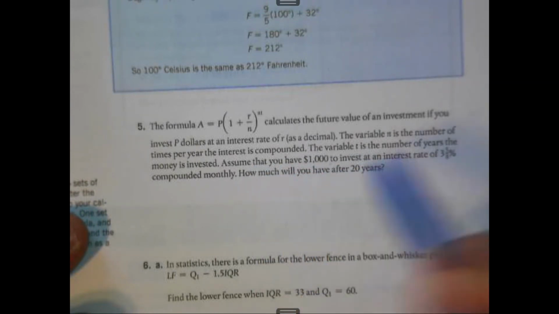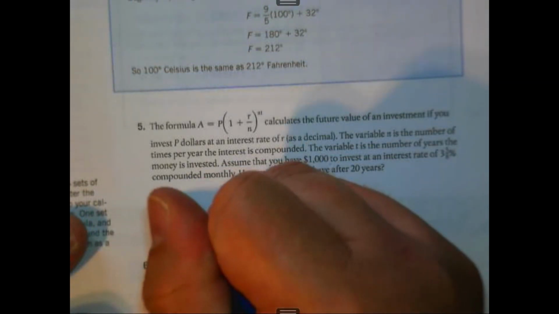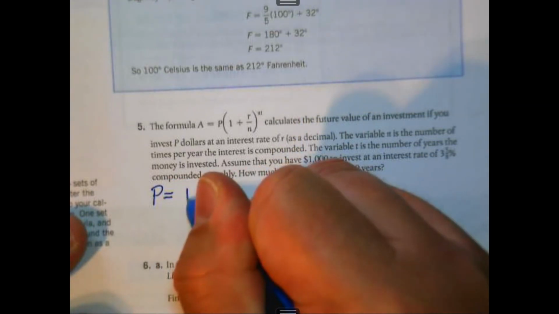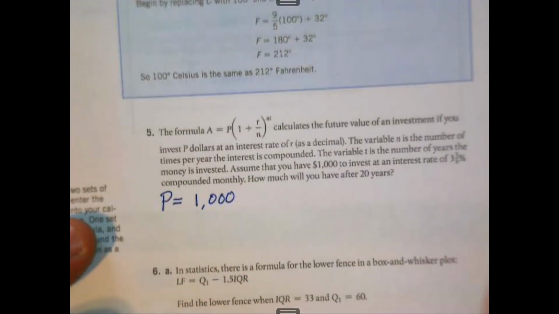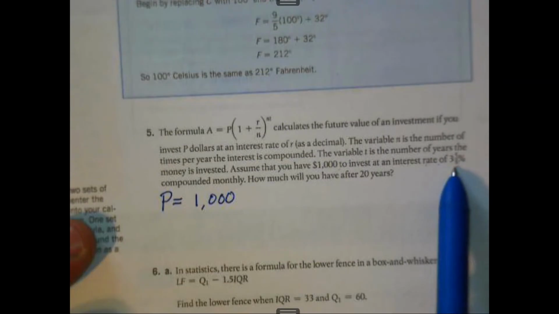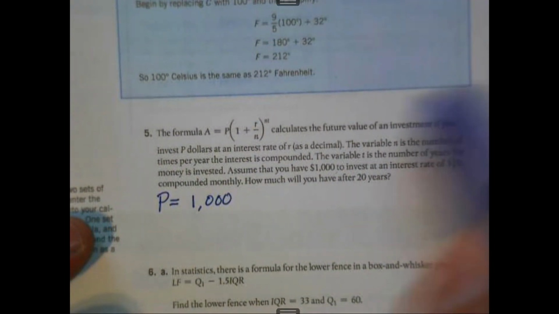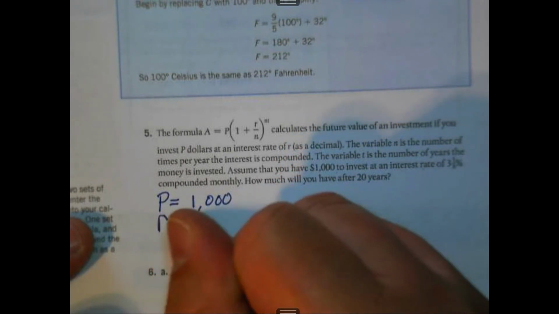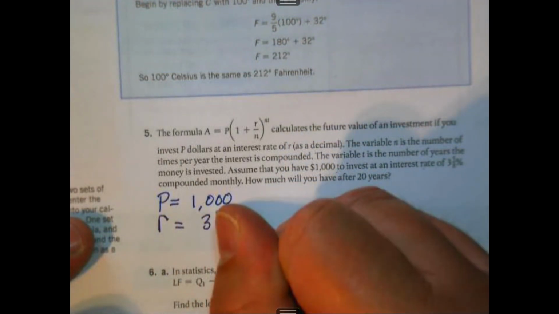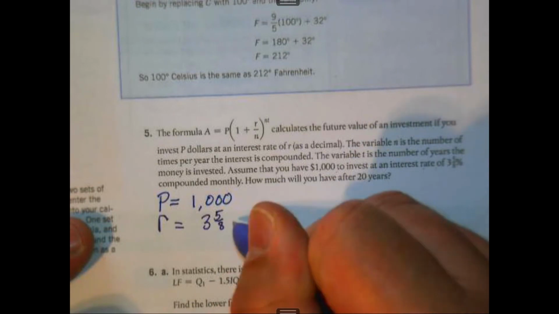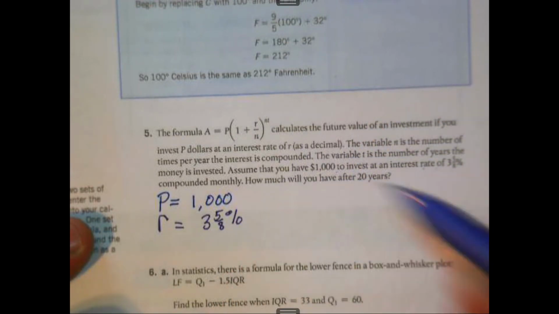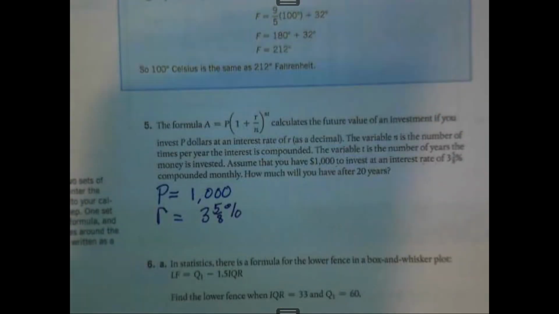Assume you have $1,000 to invest. So P is my initial amount, which is $1,000, at an interest rate of 3 5/8%. So my rate is 3 5/8%. I need to change that to a decimal.